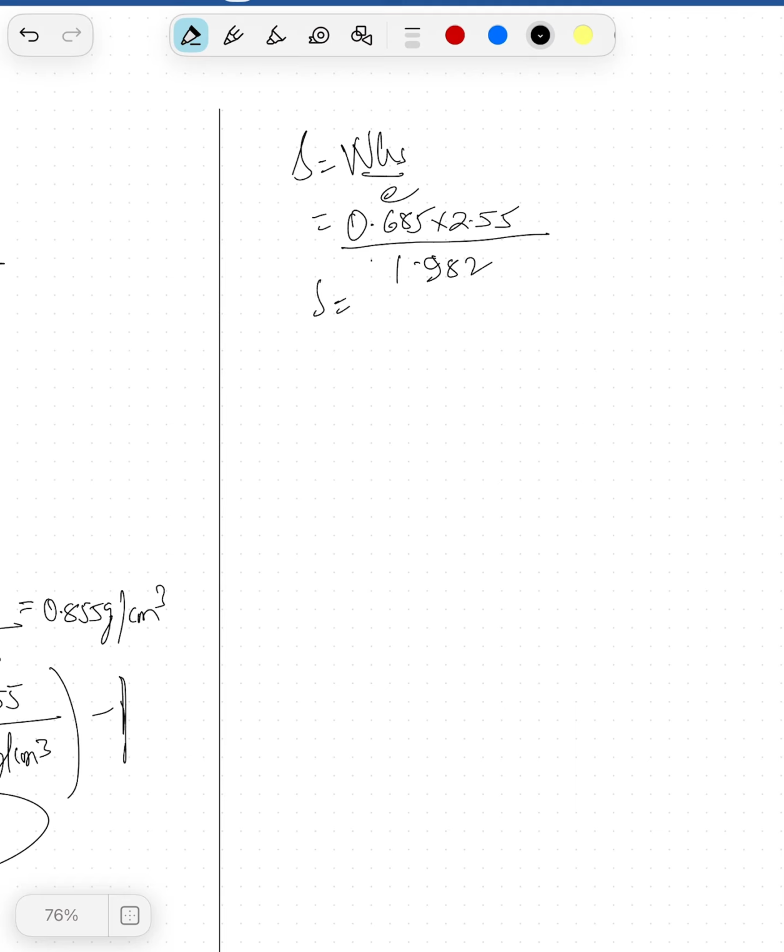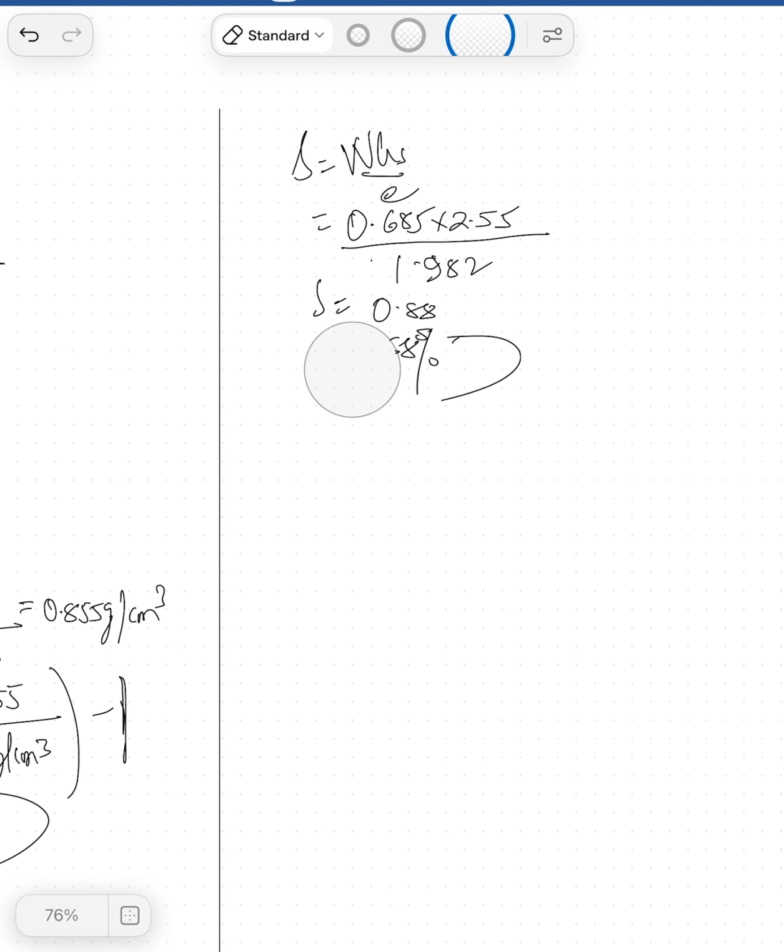So S equals, if you do the math, 0.88, which in percentage is S equals 88%.